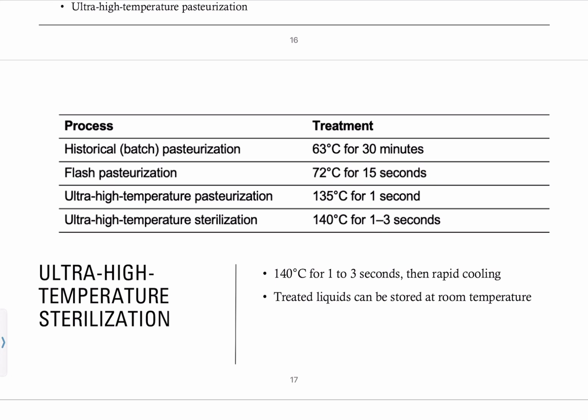So UHT, if we use some sort of ultra high temperature pasteurization, that's great. It's high enough that we only need 1 second to treat it and we don't have any microbes. The difference between ultra high temperature pasteurization and ultra high temperature sterilization is basically that UHT sterilization takes pasteurization one step further. So basically, they're flash heating liquids to 140 degrees Celsius for 1 to 3 seconds, and then cooling them rapidly.